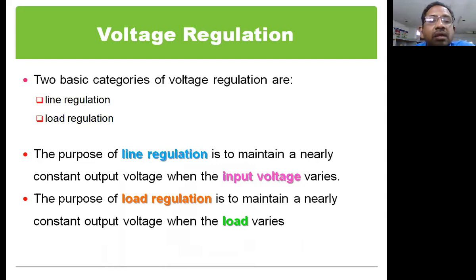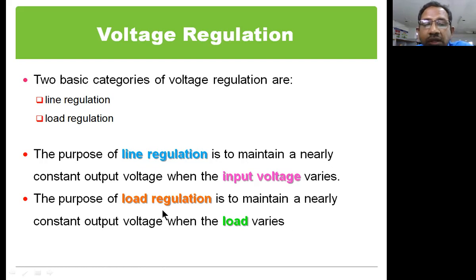Now there are two categories which come under regulation: line regulation and load regulation. What do you mean by line regulation? The output voltage should become constant irrespective of changes in the input voltage. That is called line regulation. What is load regulation? Exactly the same definition applies for the load. The purpose of load regulation is to maintain a nearly constant output voltage when the load varies.